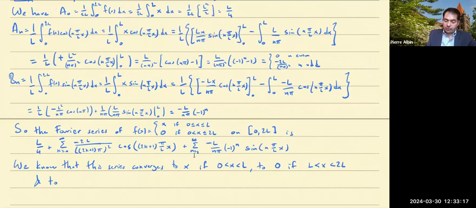And it converges to the average of the limit as you approach L from the left, plus the limit as you approach L from the right, at x equal to L. So that's 1/2 of L plus 0, which is L over 2, if x is equal to L.